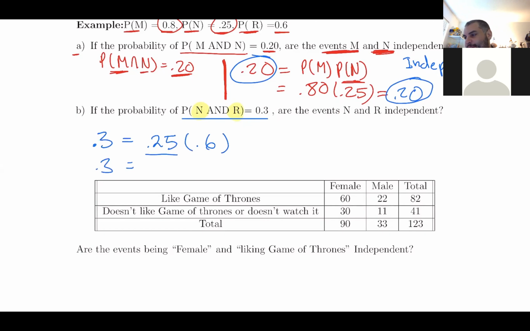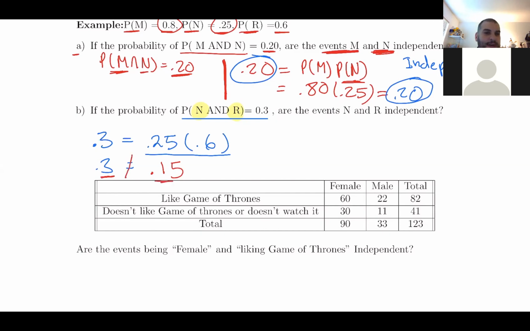Now I'm going to multiply this out. I'm going to say 0.25 times 0.6. If you multiply those two out, you get 0.15. So if you look at it, 0.30 is not equal to 0.15.